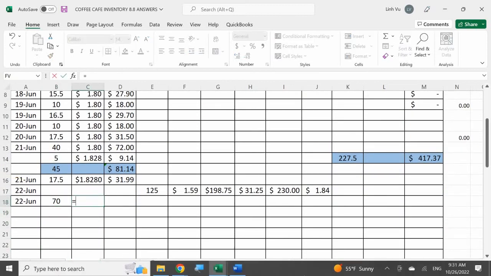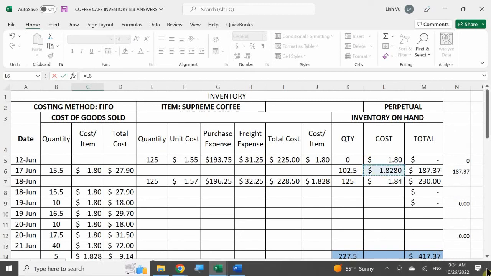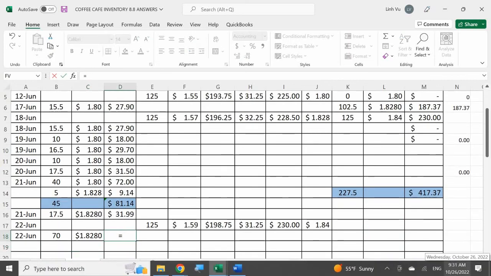What's my cost per item there? 1.8280. So what is my total cost of goods sold if I sold 70 pounds at $1.828? $127.96.